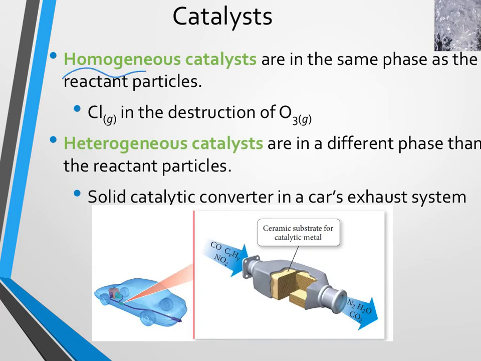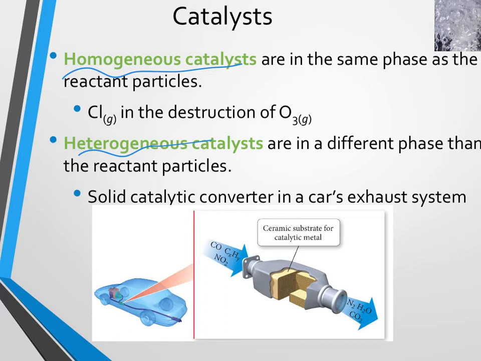There are two types of catalyst. There is a homogeneous catalyst, which is a catalyst that is in the same phase as the reaction taking place, so you can't tell it's there visually. Then there is a heterogeneous catalyst, and that's a catalyst that's in its own separate phase, and it's usually quite obvious.